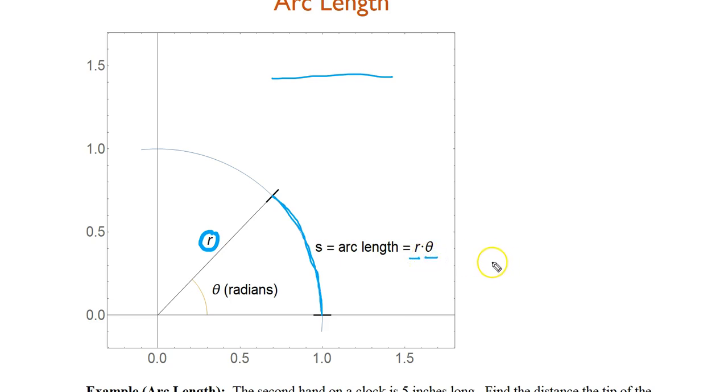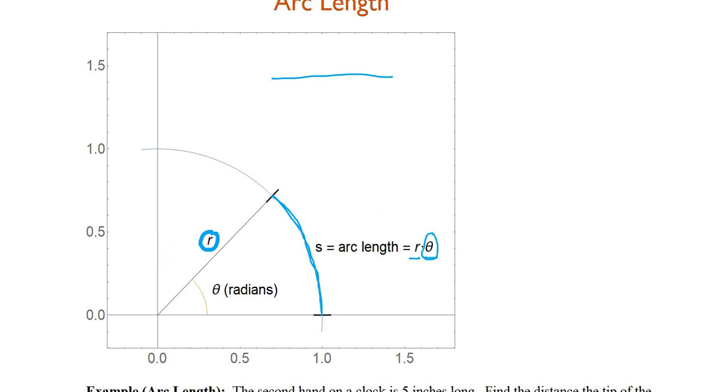That's the one advantage of using radian measure, is that we can very easily calculate arc length. Our arc length is simply going to be the radius of the circle times your angle theta. Now that's as long as theta is in radian measure. Theta must be in radian measure to do that.